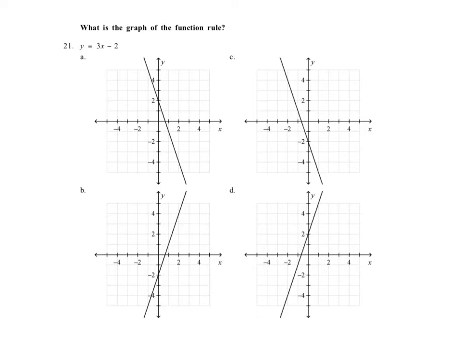Now, just like referencing the vertical line test, what I'm going to do right now is put a vertical line at 0 for all four of these. Put it there, put it there, one there, and one there.